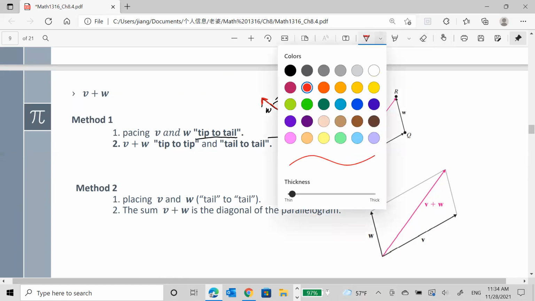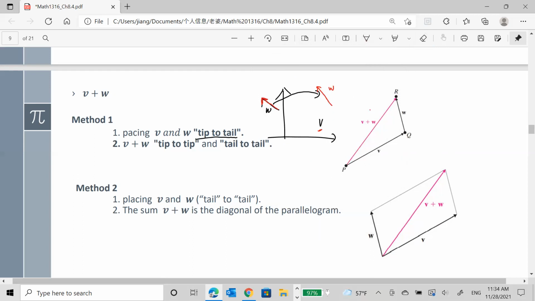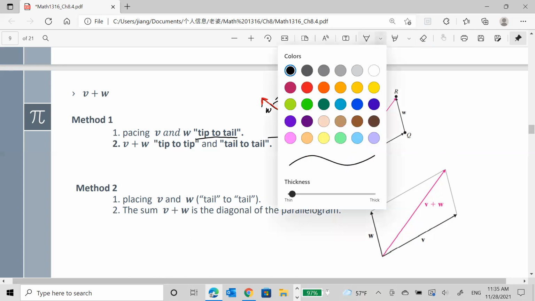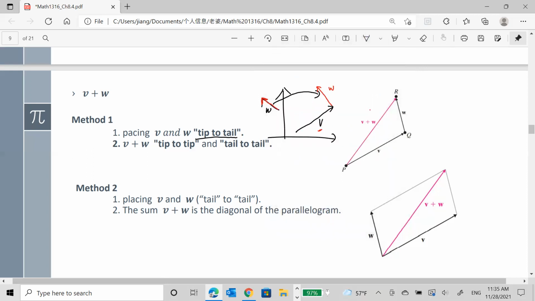Let me draw the V again. For example, this is a V. So for tip to tail, the tip of the V points to the tail of the W. When we move them together, we use a line, let's say this one is purple, from the tail to the tip, or I can say from the initial point to the terminal point.